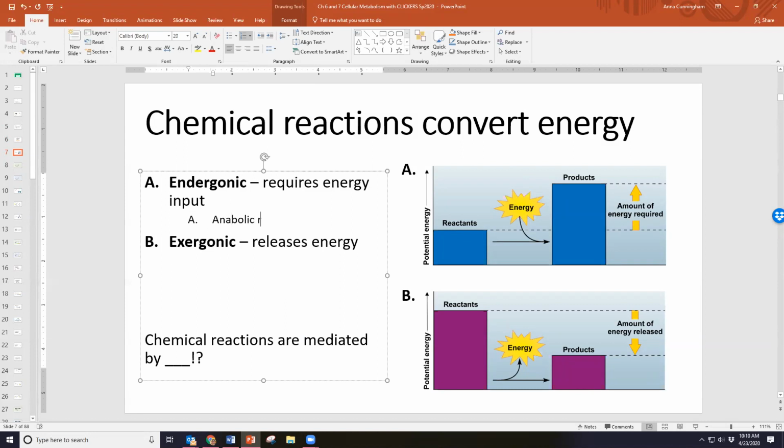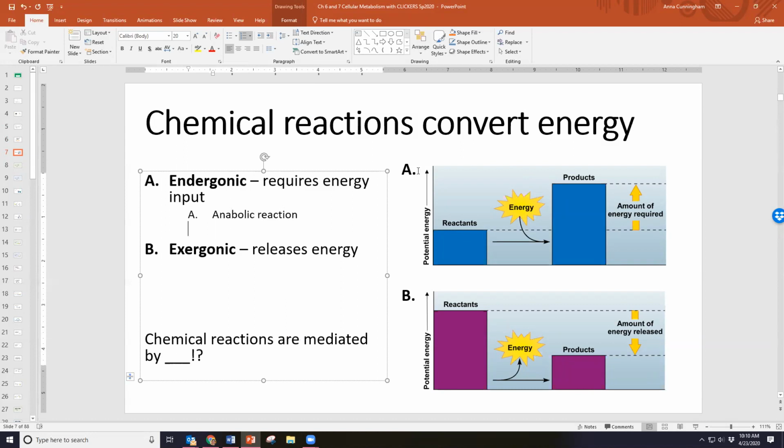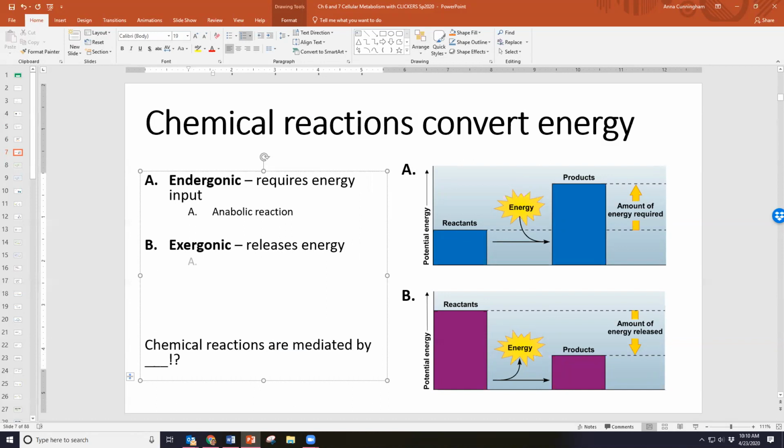Anabolic reactions are typically endergonic reactions. Whereas exergonic reactions are those that release energy. If we are releasing energy, that means it was previously stored. If it was stored, it was potential, and if we're releasing it, it's being transformed from potential to kinetic. So this would be a catabolic reaction.